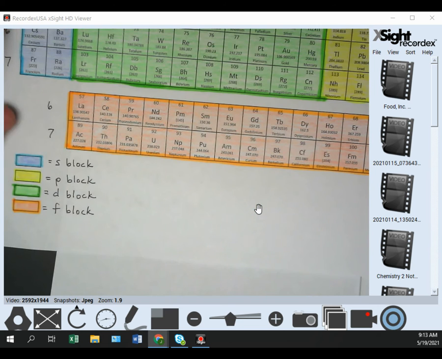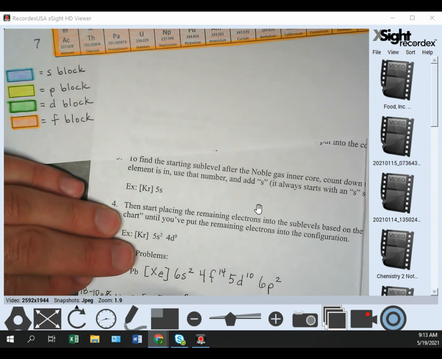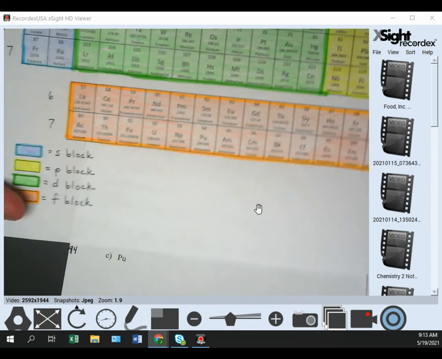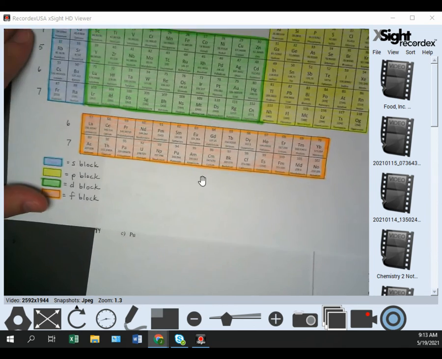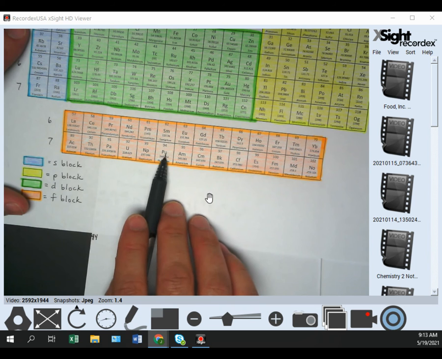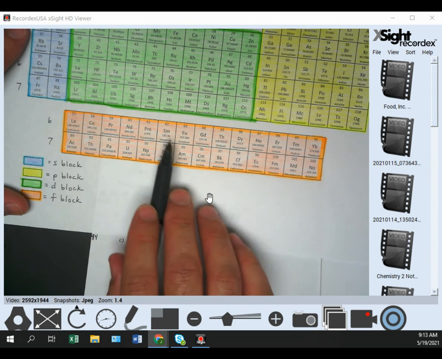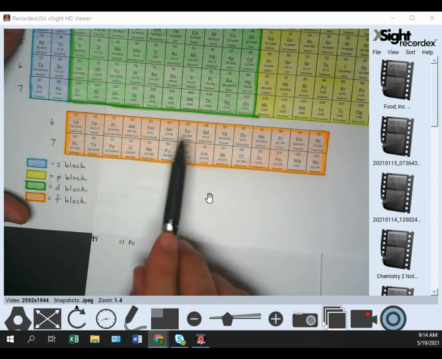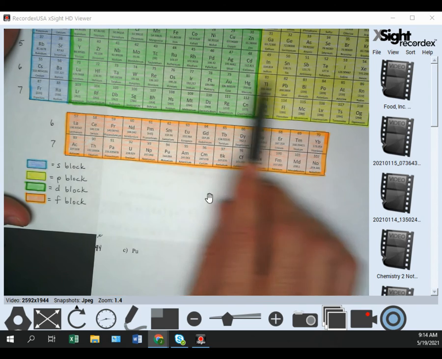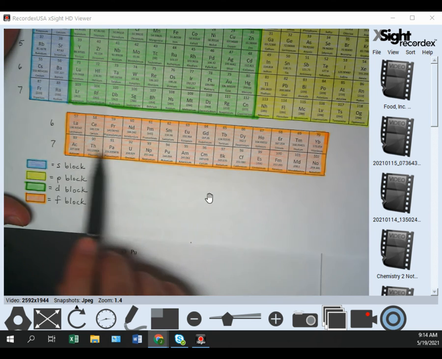All right, so it starts with 94. So we have to find the noble gas that goes from that. Garrett, you said you think you know which one it is? Radon, right? 86. Good. Yes. So remember, this is row 7 here, right? So you're going to go up to row 6. And when we say row 6, I don't mean here. This is row 6, but I mean up here because you've got to go all the way to the right to the noble gas. So this is row 7.